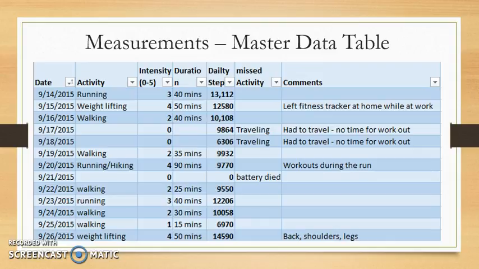Then you have the duration of that specific activity, and my daily step tracker. If I had a missed activity, it gives a reason why. And then also any special comments on the side, like why I was traveling, or what type of weightlifting was done that day, and so forth.